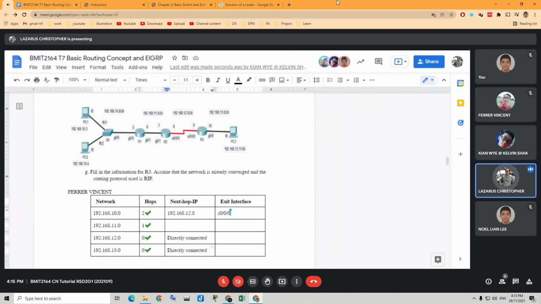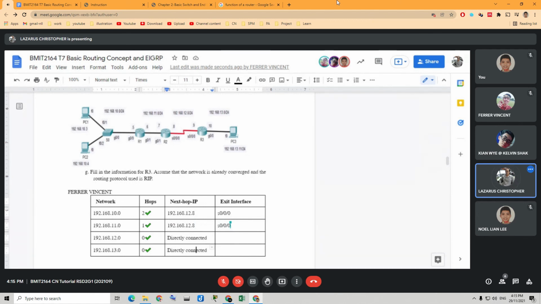The next one is 192.168.11, same thing, just to go to here as well. The exit interface is also the same, still need to go through here, so the exit interface on R3 is still serial 0/0/0.